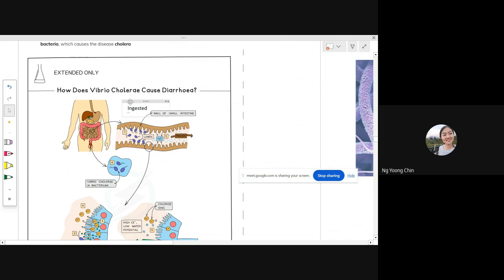Usually it's from water, water which is already polluted. So this bacteria will enter through your mouth and into your digestive tract. And then where will they attack? They will attack your intestine area, like this.